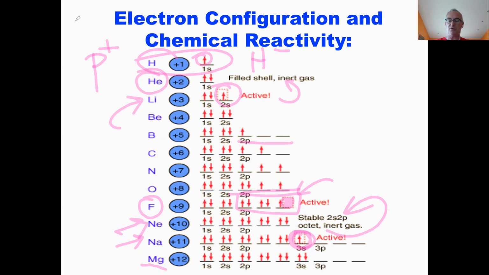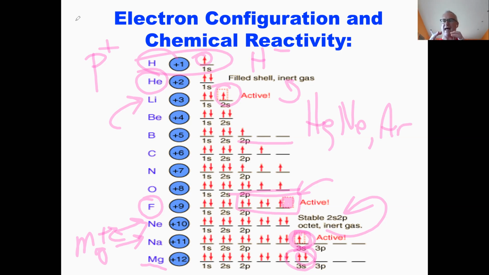Magnesium has 2 electrons in its outermost shell. That's why it's always magnesium plus 2. So it gives away both of those, and then it looks like neon. So what you'll see is that as we look at how the electrons are organized in each one of these atoms, basically they all want to get to noble gas. They all want to look like neon or helium. They all want to look like neon. They all want to look like argon.